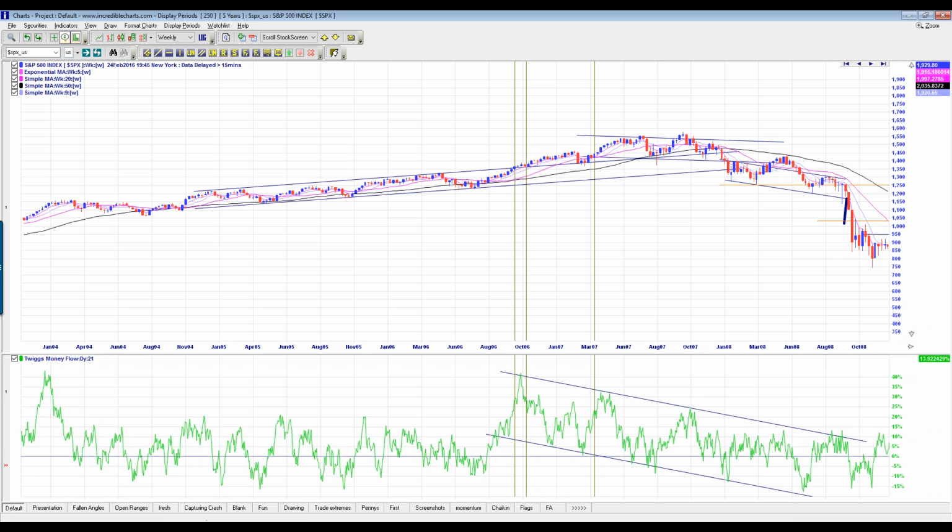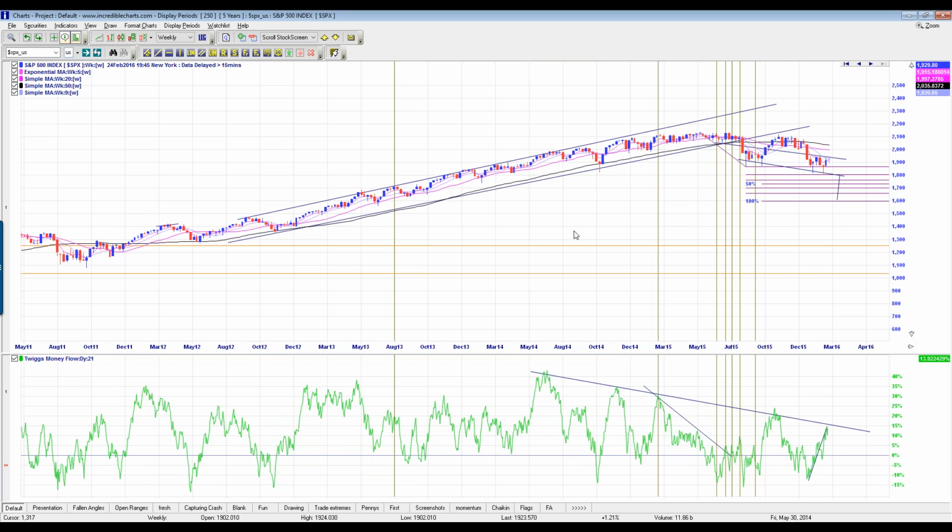And again, right now, what do you actually see has been happening with our smart money indicator ever since the middle of 2014? Do you see the same pattern?